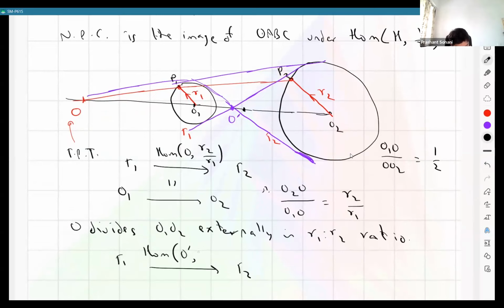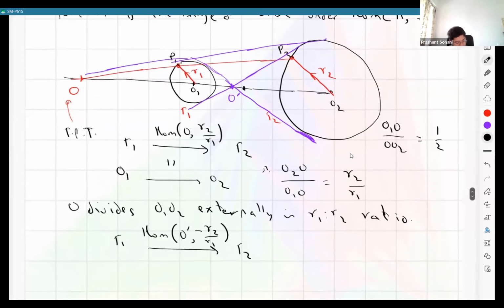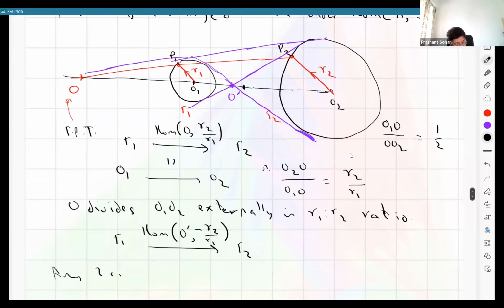Center is O dash and the ratio is now minus R2 upon R1. But everything else remains the same. So in general, any two circles are related by two homothety operations.